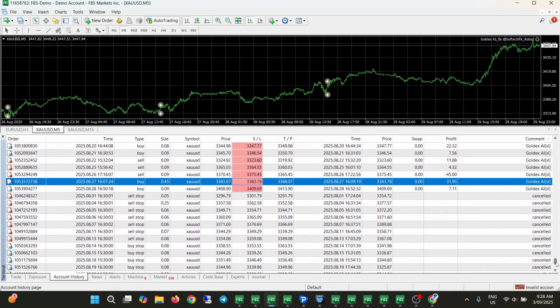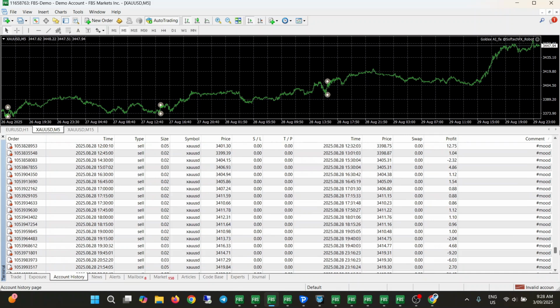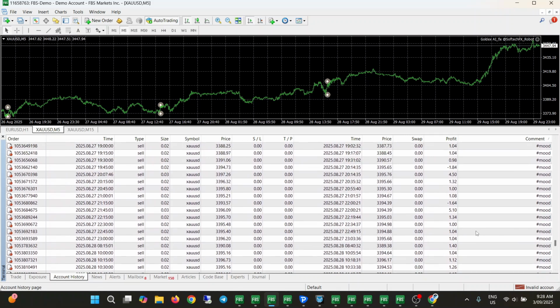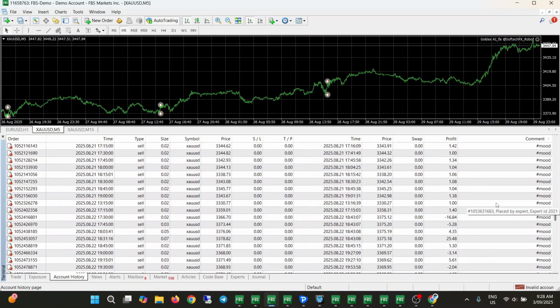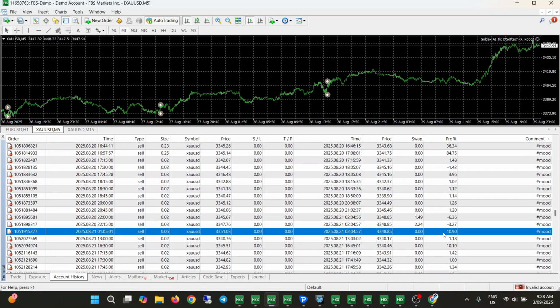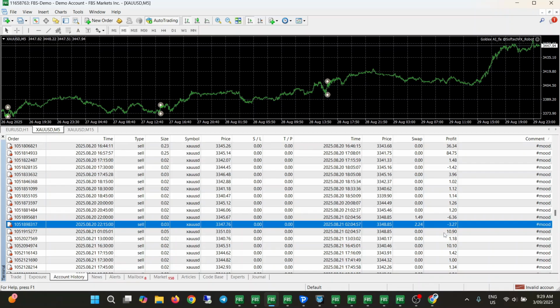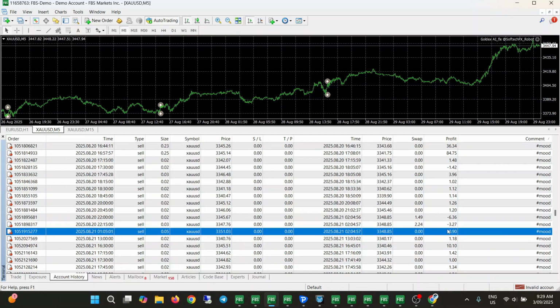I can't verify that, unfortunately, but we can see here that Mood is on basically the lowest risk that you can trade it on. It basically makes $1 and then it closes, and it makes $1 and then closes, unless it opens a second or a third order. Then you get these bigger ones which close these out, so they'll be negative, and that will be the positive kind of thing.